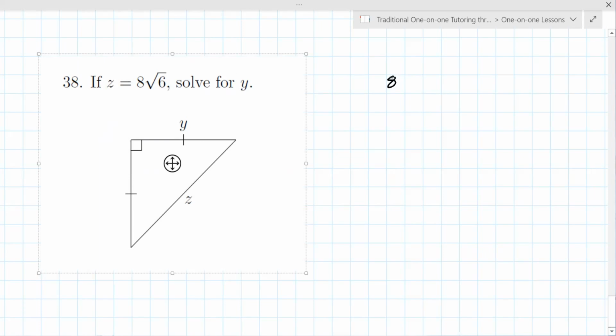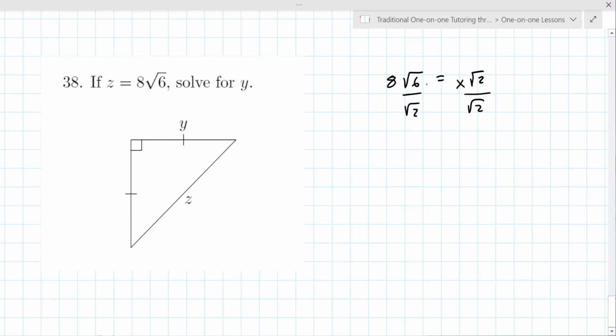And so this time you said 8 square root 6 equal to x root 2. When you divide both sides by root 2, again, this part you can reduce. It becomes 8 square root 6 divided by 2, which is 8 root 3. And this is your answer. And so the other leg here is 8 root 3.